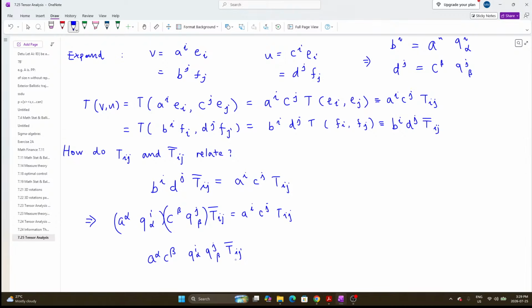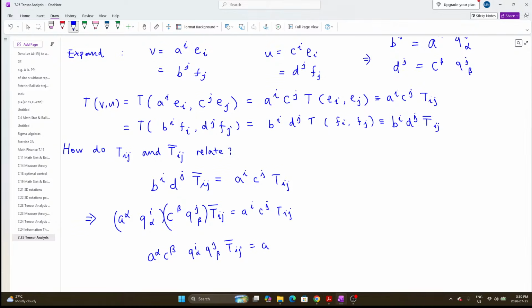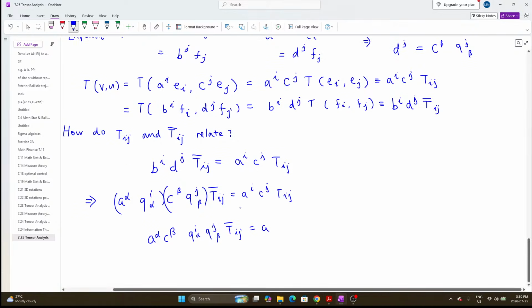Wait, hold on a second. This isn't right. IJ is summed over. Actually, there's no free index on each side. Okay, this is fine. What I want is for the index for alpha and beta to match.